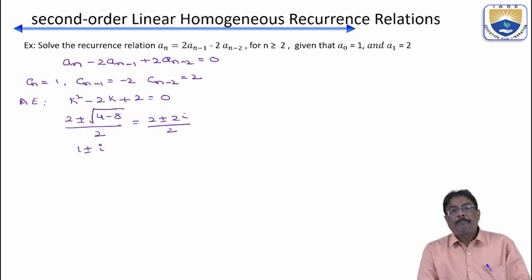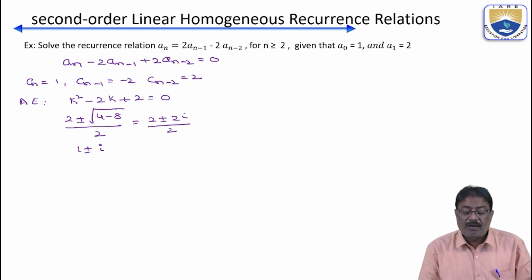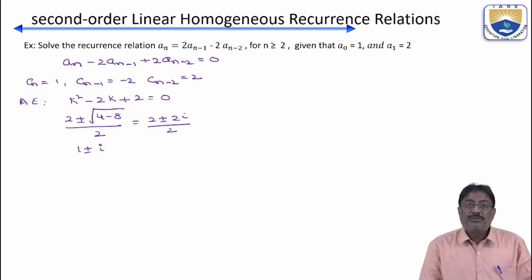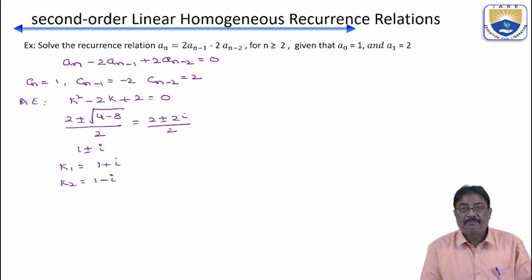So the roots are complex roots we are getting. So whenever the roots are complex, then we are going to find the third case. So k1 is equals to 1 plus i and k2 is equals to 1 minus i.